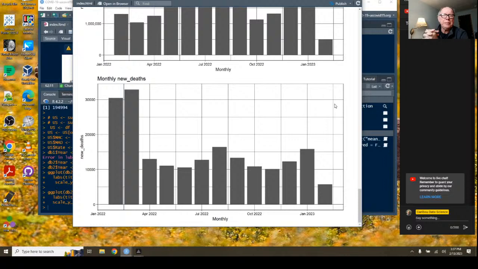And the question is what? What's the acceptable number of cases per day, per week, per month, per year going forward? What is the acceptable number of COVID-19 deaths by day, by month, and by year going forward?